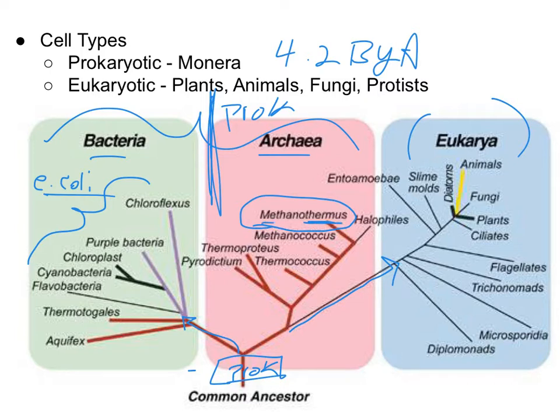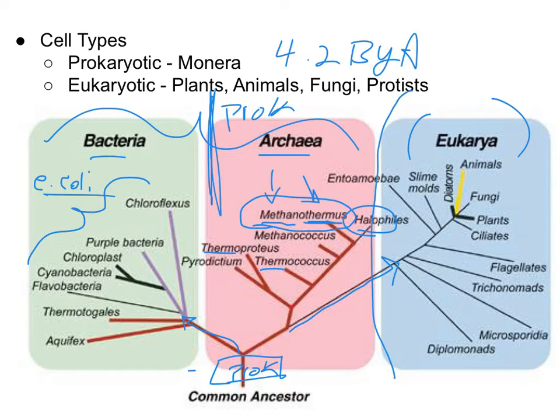So for instance, methanothermus, this is a prokaryote that eats methane and lives in thermal vents. So a lot of these, you see thermos, haliophiles. So these are often called extremophiles, so they love extreme environments. But it looks like that the eukaryotes actually evolved from them.